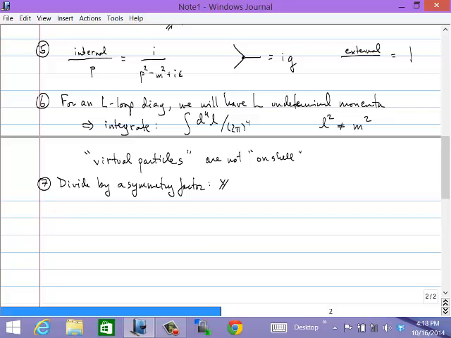Okay. So you divide by the number of symmetries under the interchange of the various internal propagators and vertices.